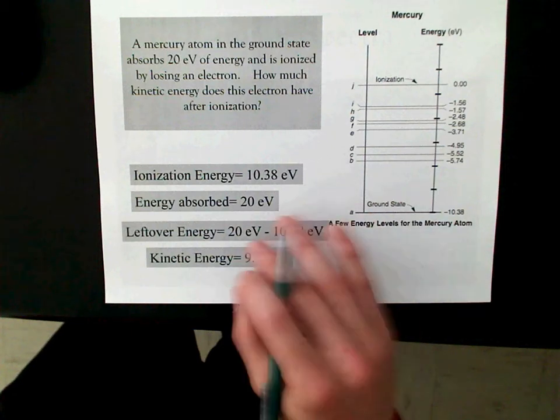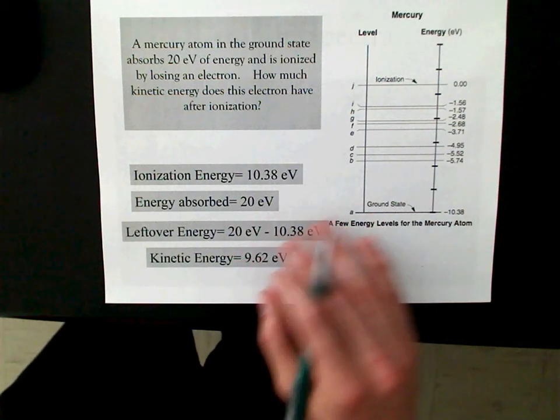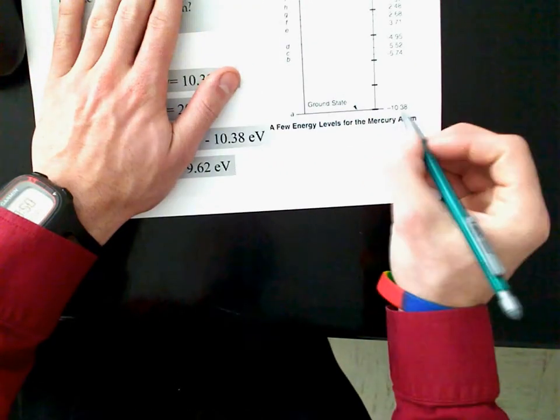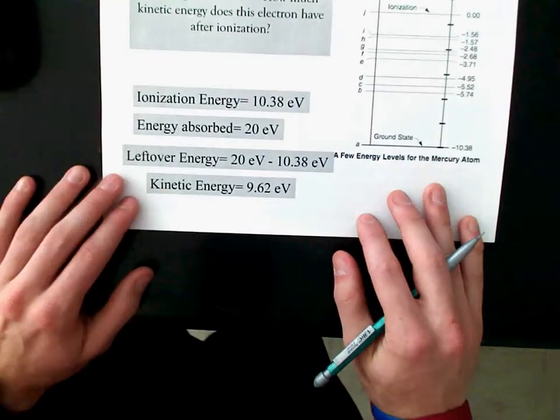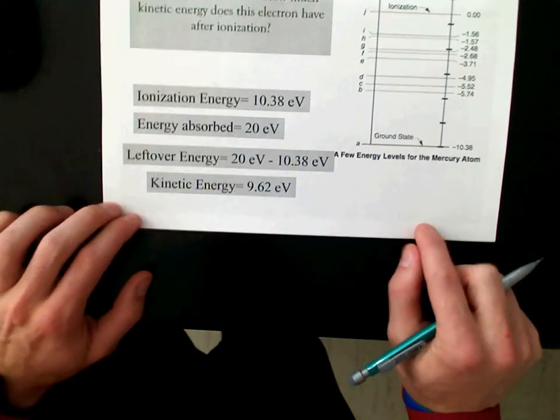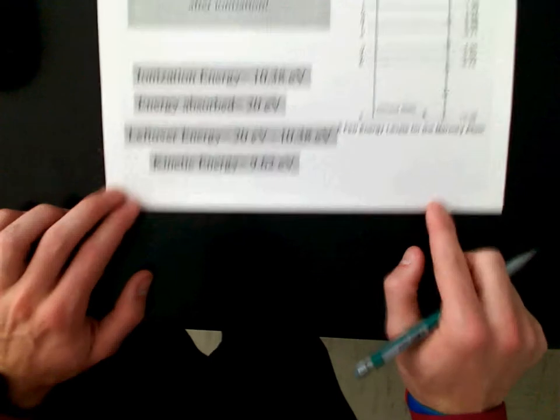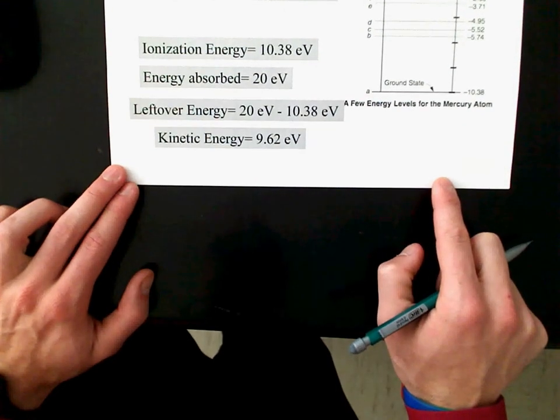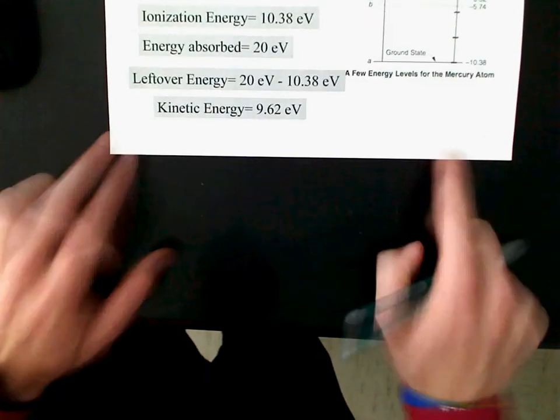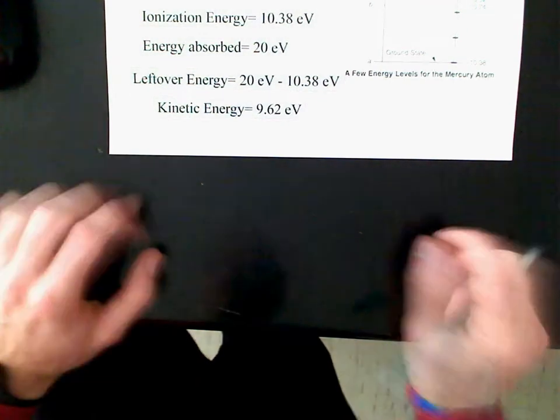And what's the absorbed energy that we're giving in? 20. Okay, what's the difference between those two? That's our leftover energy. Boom. Now we have our leftover energy. And if we want, we can convert this into a speed, since we know that kinetic energy is equal to 1/2 the mass times its velocity squared.